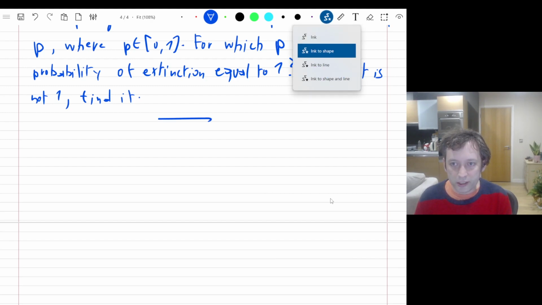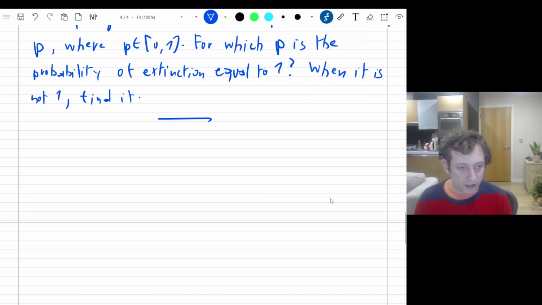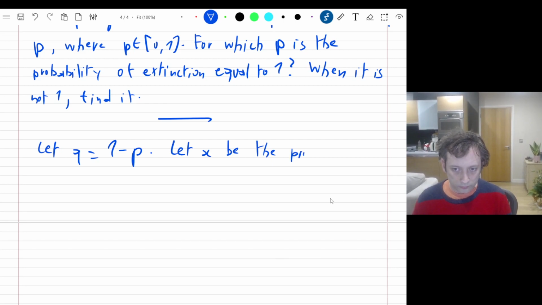Let's do the answer, maybe a bit of setup. Okay, so the setup that we know is, we're going to use q equals 1 minus p. That's useful. And we're going to let x be the probability of extinction.